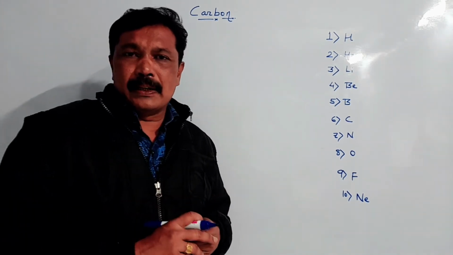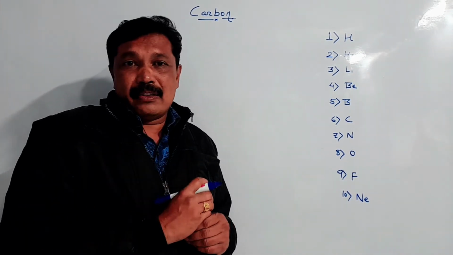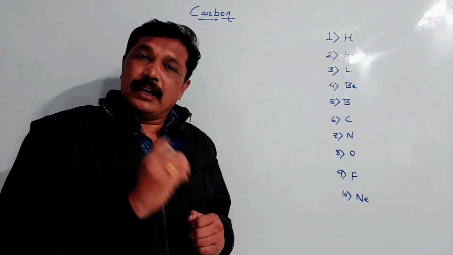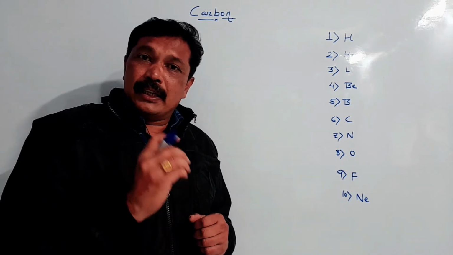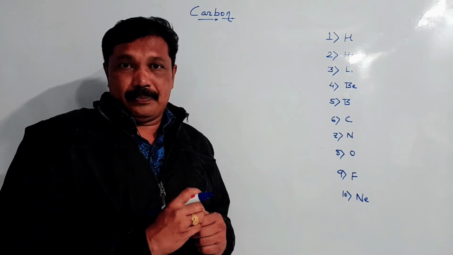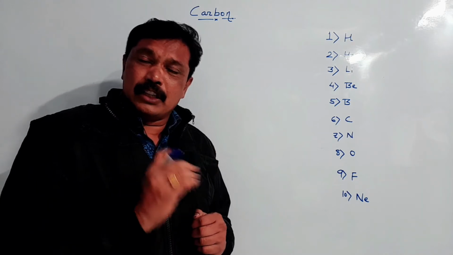My dear student, in 7th standard, we have studied elements, and elements are arranged in the increasing order of their atomic number, and the elements are given in a sequence.